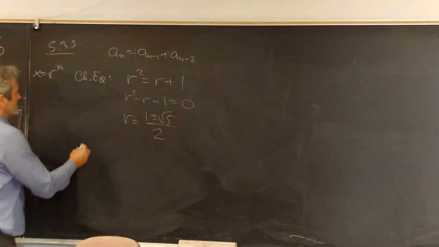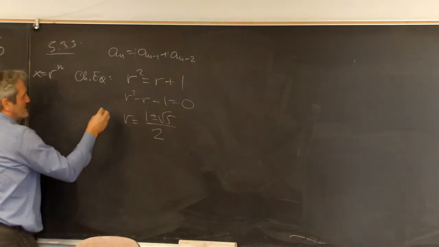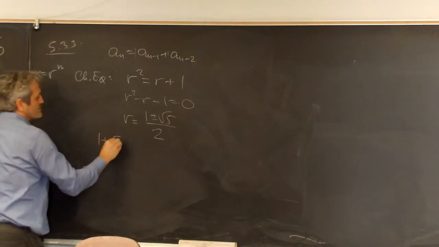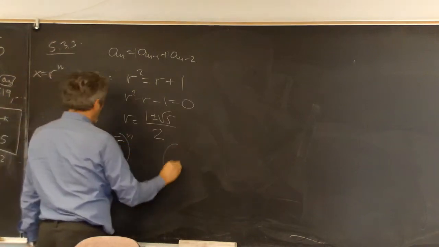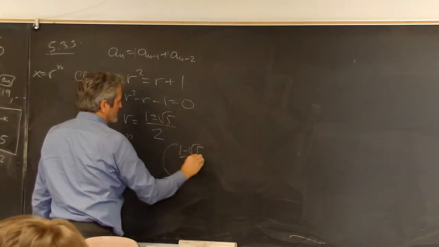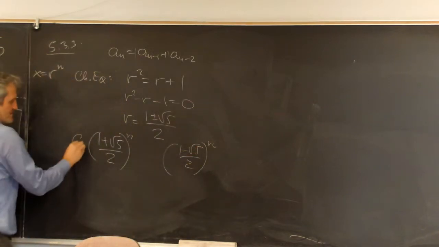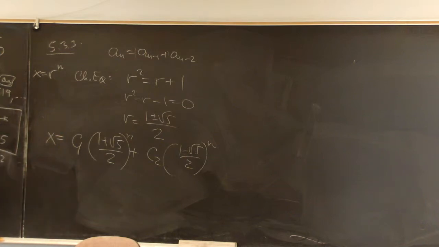I know that my solution is, first one, ((1 plus root 5) over 2) to the n. The other one would be ((1 minus root 5) over 2) to the n. And then I just mix them up however I want. Here's the general solution of the Fibonacci relation.